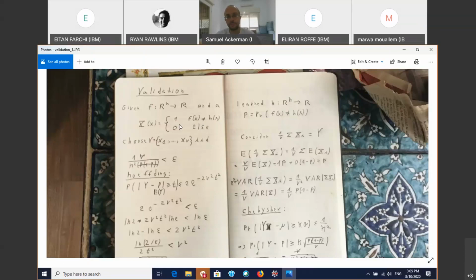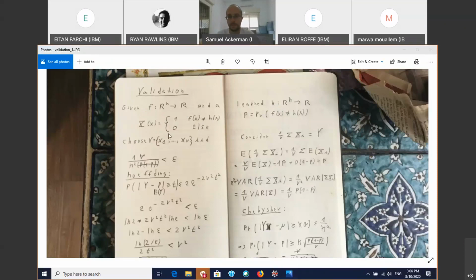Okay, so the general setting is very simple. What we have is some function we don't know, f, we're trying to learn, and we already applied some sort of machine learning, and we got a function that we learned, h. h is not equal to f, but ideally h approximates f.